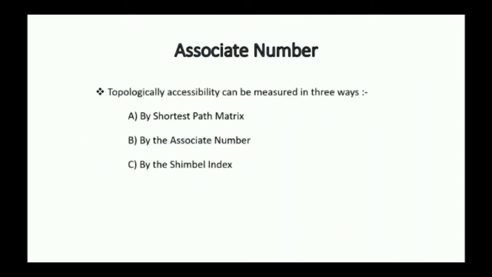Topologically, accessibility can be measured in three ways. That is, by the shortest path matrix, by the associate number, and by the symbol index. By the shortest path matrix, the number of arcs used in the shortest path between all possible pairs.